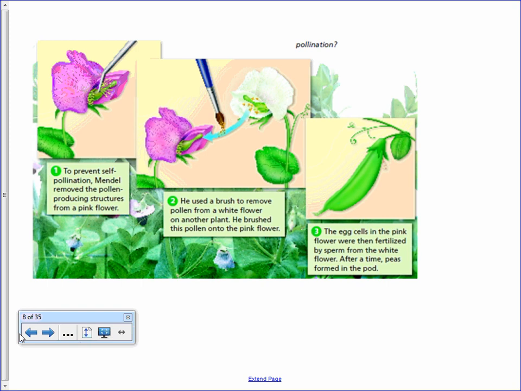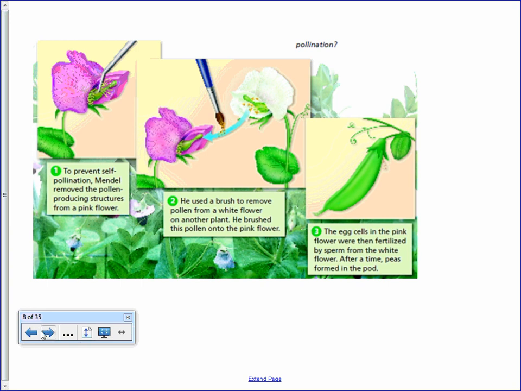But with pea plants, to prevent self-pollination or cross-pollination by bees and bugs, Mendel could control it by removing the parts with the pollen on them and using a paintbrush. So he knew this plant is being crossed with this plant. Or this plant is the mom and this plant is the dad, although it doesn't really matter which is which.